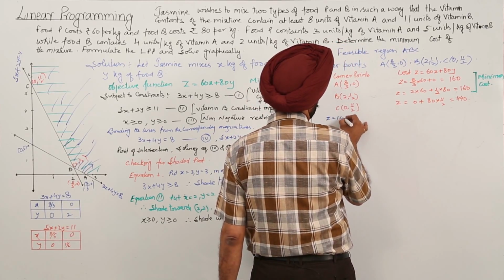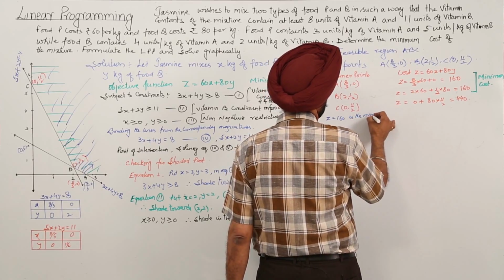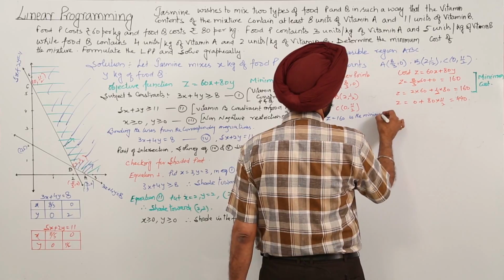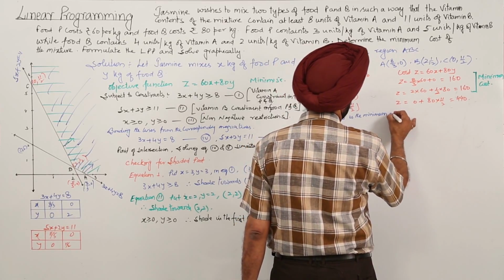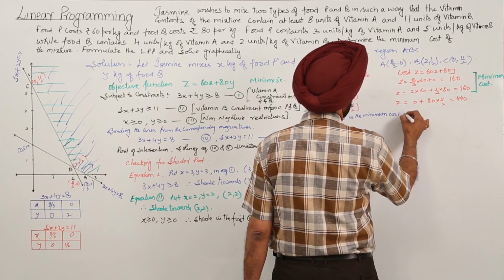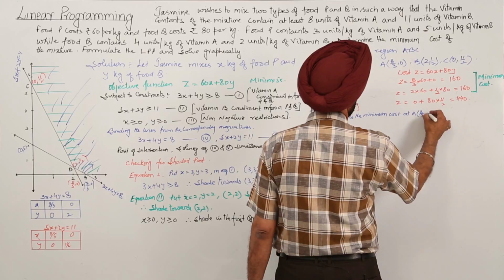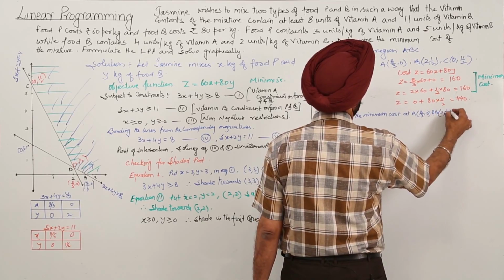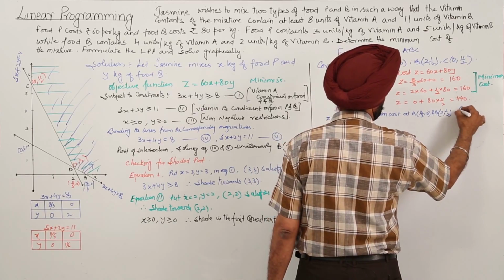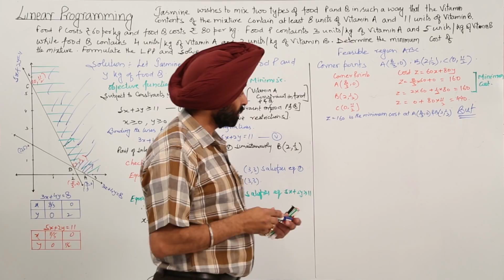Now the region is unbounded. Z is equal to 160 is the minimum cost at A, 8 by 3 comma 0 and B, 2 comma 1 by 2, but now what does this but mean?